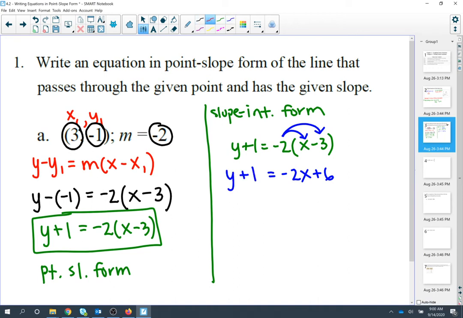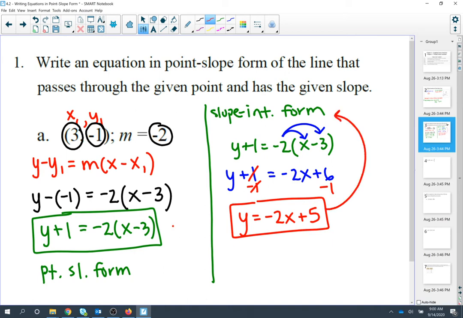I'm going to try to get my y by itself, so I'm going to subtract 1. Y equals -2x plus 5. And this is slope-intercept form. These are the same equation of the same line, except the one on the left is in point-slope form, and the one on the right is in slope-intercept form.